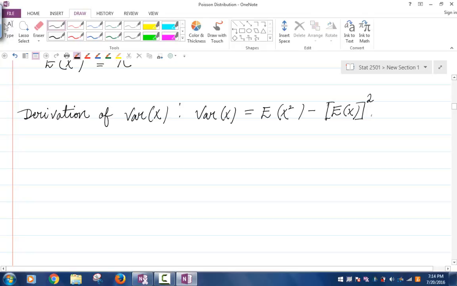Okay, so let's derive that. The expectation of x squared, by definition, is the sum over all values of k, k squared times p of k. Once again, because the term corresponding to k equals 0 is 0, we can start the index at 1.